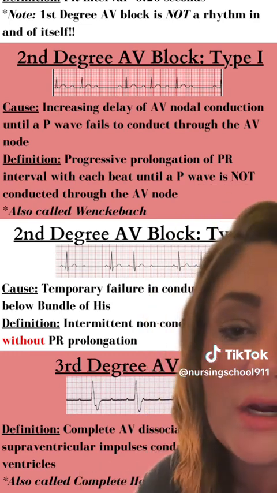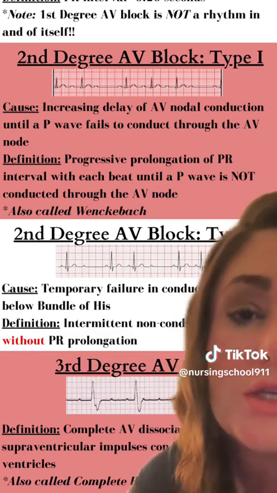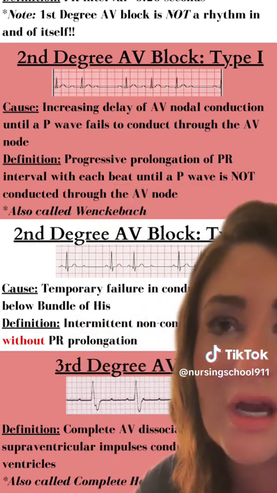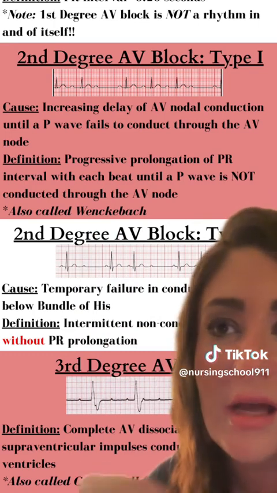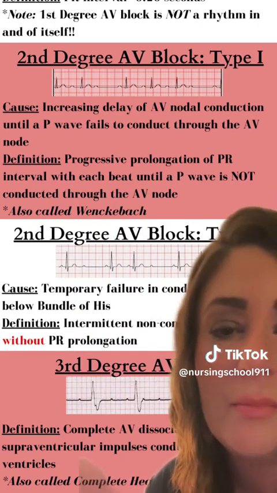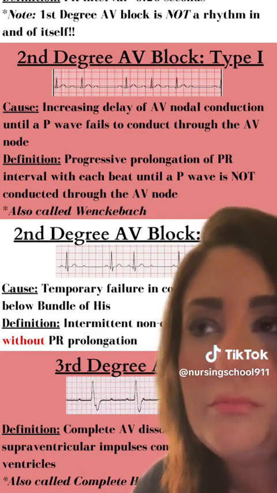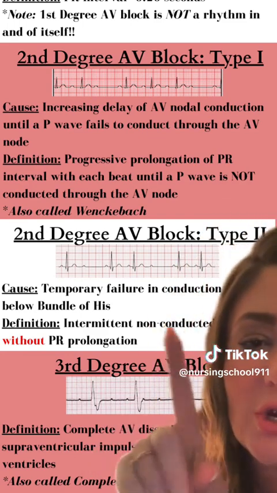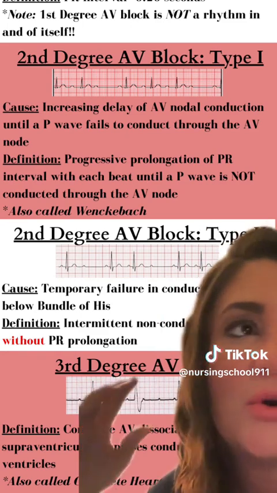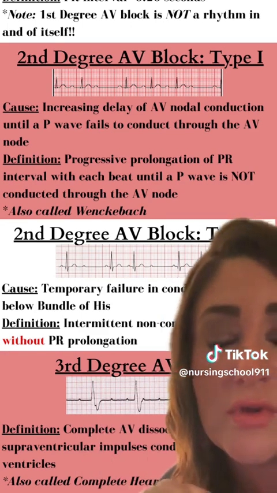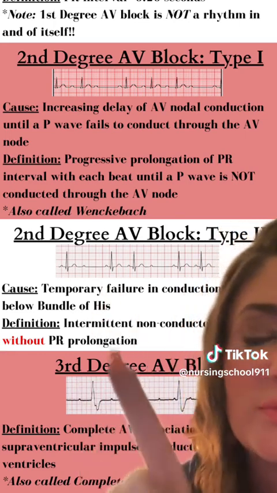So I compare it to a divorce. With a second degree AV block type 1, it's like the couple is fighting a lot. They're in counseling. They're kind of giving each other the silent treatment. Then with a second degree type 2, maybe the wife just kind of packs up and goes to stay at a hotel for the night or something without warning her husband.